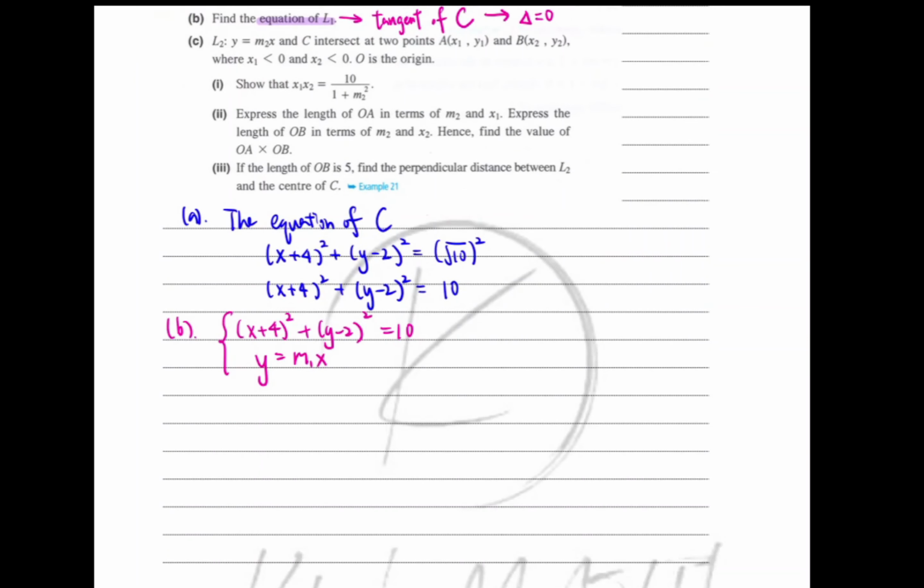So you will get (m1x - 2)², and then you need to expand it. Remember here is m1²x² - 4m1x + 4. And I also changed the 10 to -10.